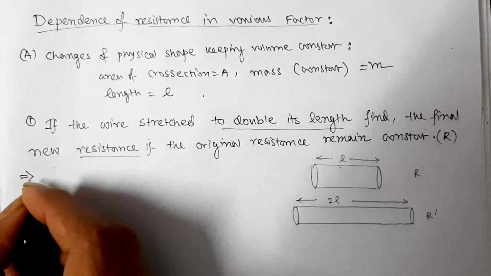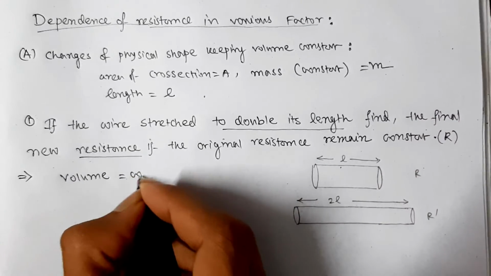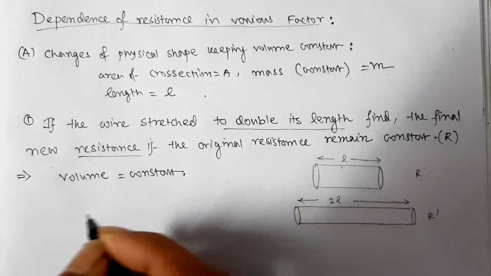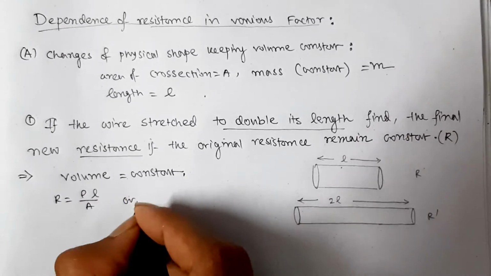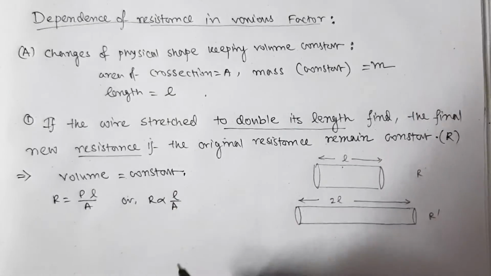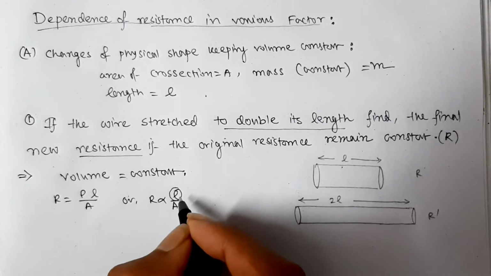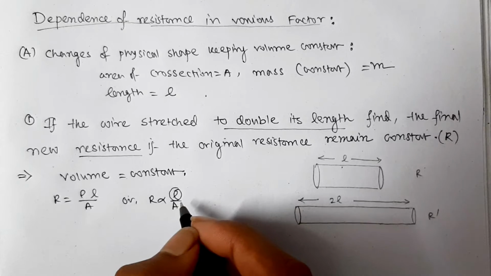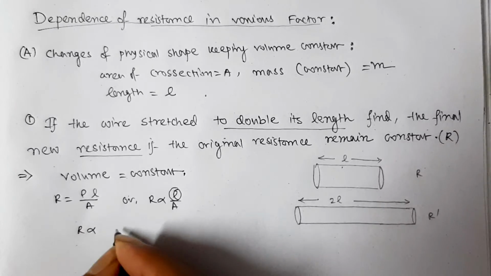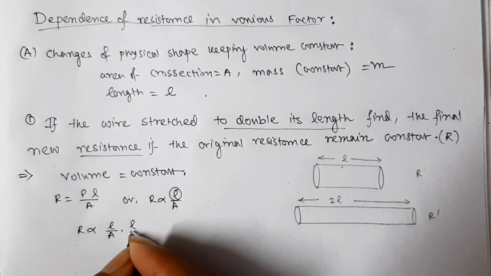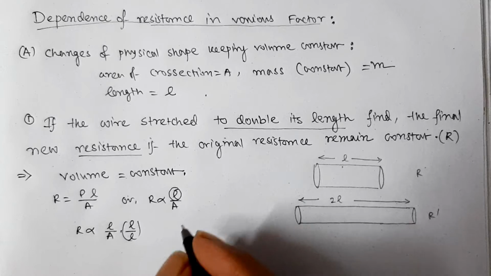So volume is equal to constant. We know that R is equal to rho L by A, or R varies as L by A. So actually they change L. Now R varies as L by A into L by L. The L by L is equal to 1, so this doesn't affect anything.